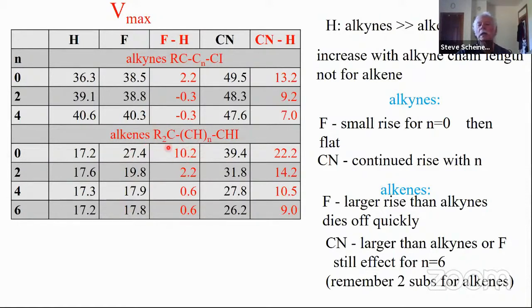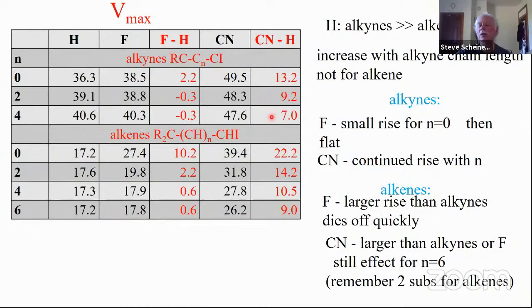Now remember, in the alkenes, we have 2 agents. Alkynes, there's only 1. Alkenes, there's 2. So there's somewhat of a doubling of effect. With this cyano group, which is more electron withdrawing, the sigma hole gets deeper and deeper, and the effect is more prolonged. So with 1 triple bond, the cyano group adds 13.